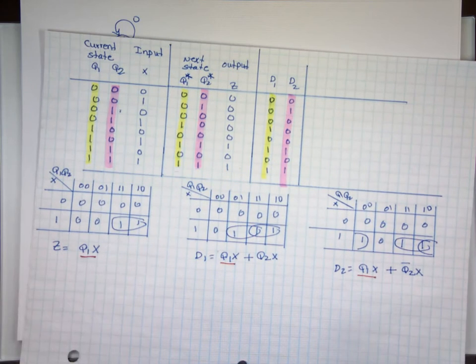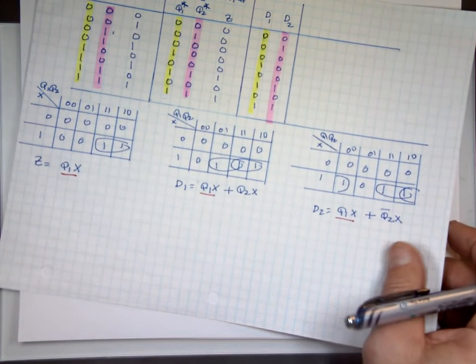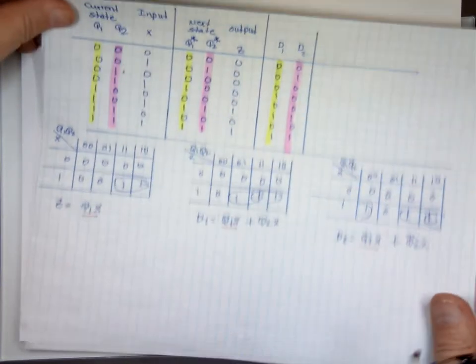So now let me build the circuit. Two flip-flops. Each one has one input.